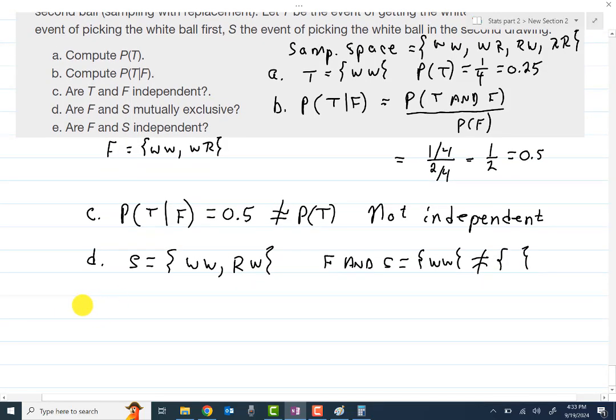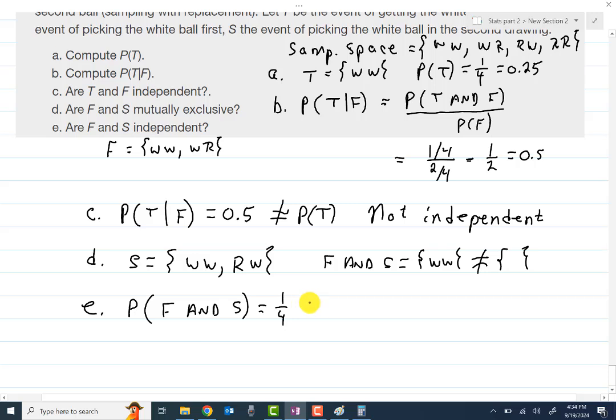Are F and S independent? So let's take a look. Let's do the probability of F and S. They're asking me if F and S are independent. So let me see the probability of F and S. We have it right here, so that's 1 out of 4.